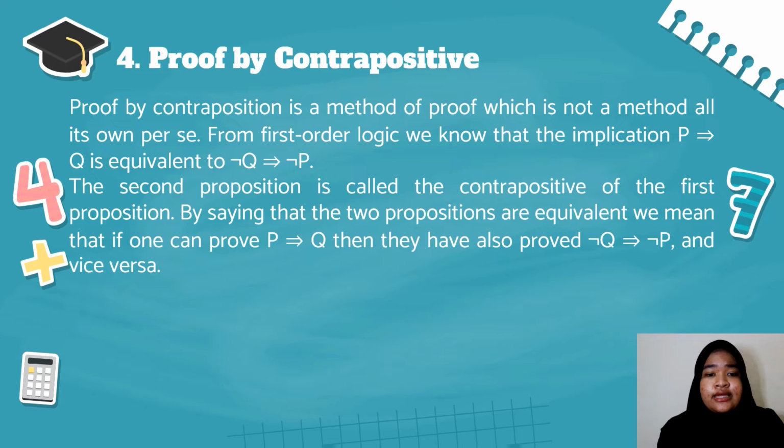By saying that the two propositions are equivalent, we mean that if one can prove P implies Q, then they have also proved negation of Q implies negation of P, and vice versa.